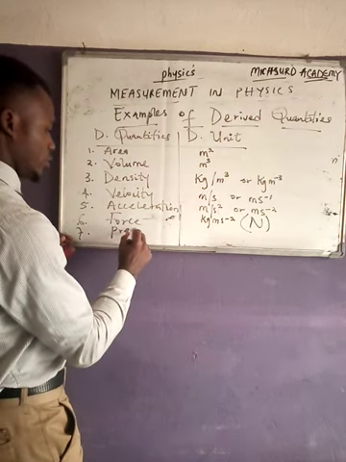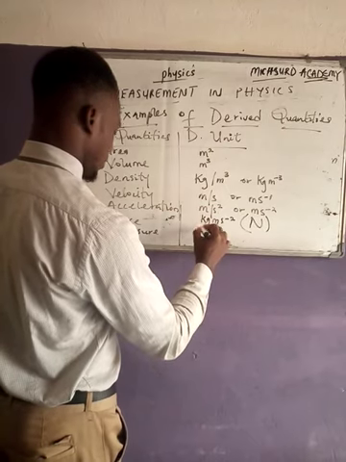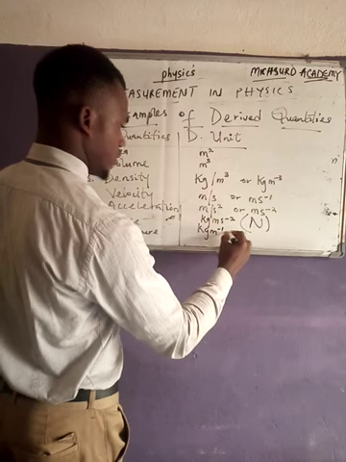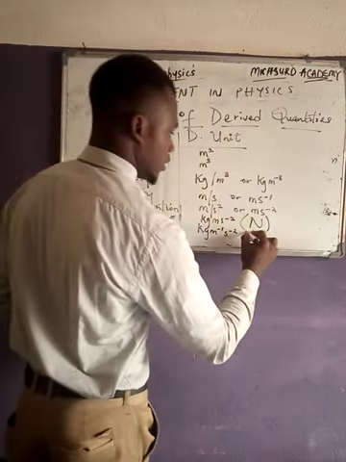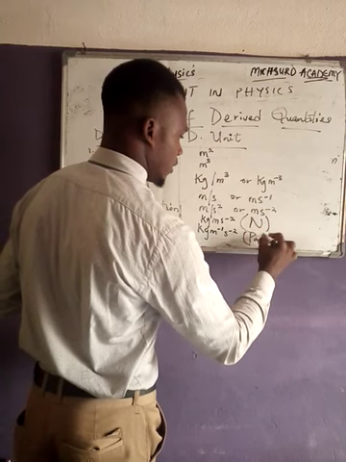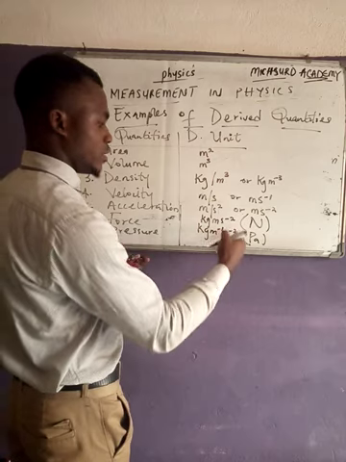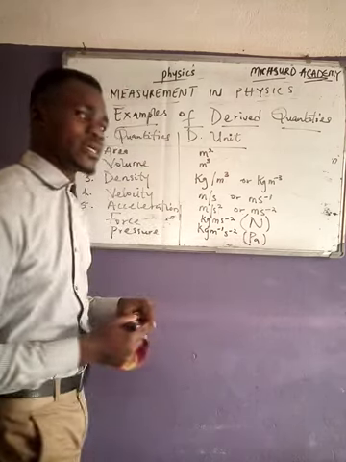So let's take another one. We have pressure. Pressure is given as kilogram per meter per second square, which we call everything here Pascal. Maybe because it's too long or we don't want to be calling these different quantities, we call them just Pascal.